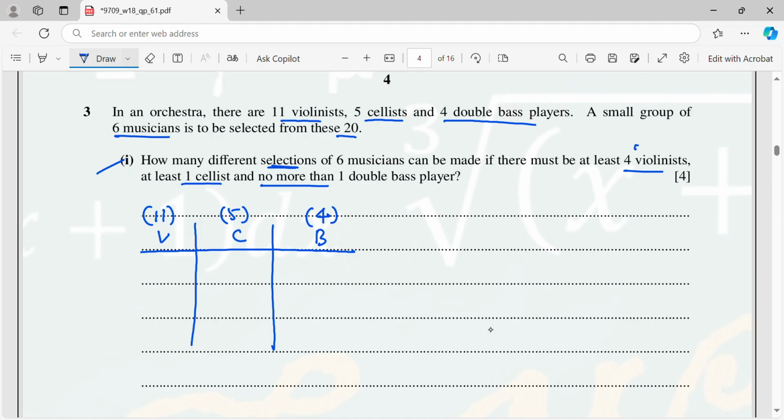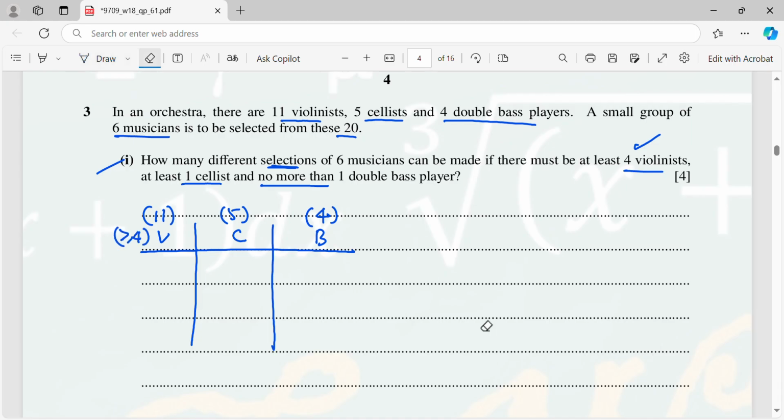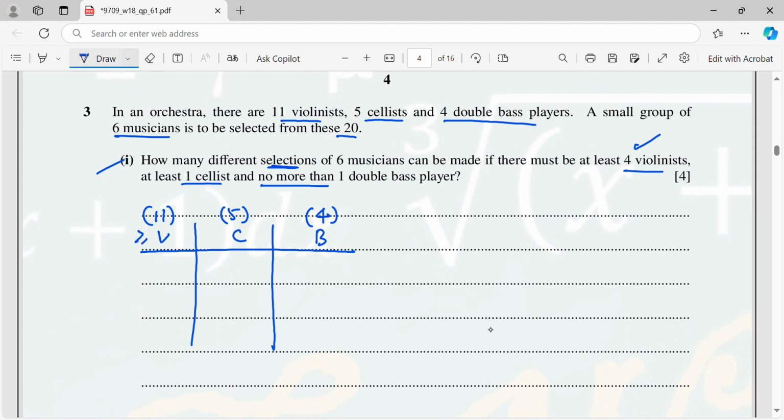You need to meet this requirement as well, minimum 4, right? So here, at least 4. And then at least 1 C, not more than 1. Not more than 1 means less than or equal to 1 B.